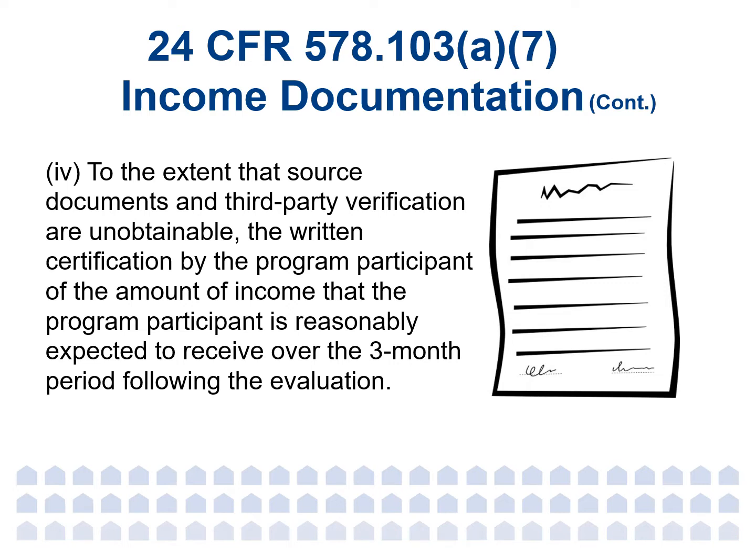In the example of the third-party verification that contained incomplete income information, you can also get self-certification to fill in the missing information, provided you document your attempts to obtain clarification from the third-party source first. As with third-party documentation, you should review the income information provided in the self-declaration to ensure that it is sufficient for you to calculate the participant's annual income.